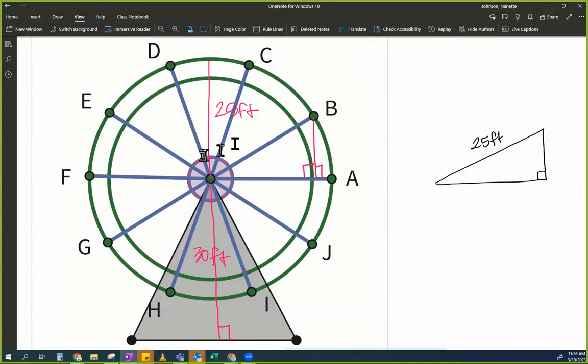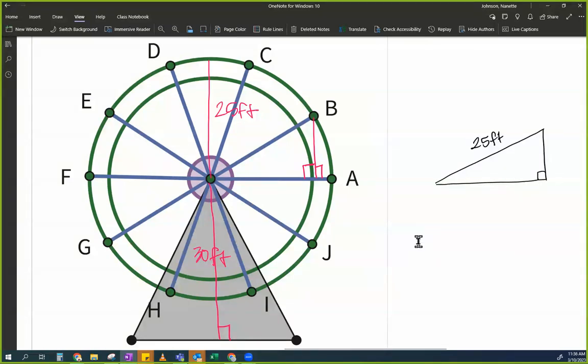So this guy here is the radius, so this is going to be 25 feet. I don't know this side. I don't know this side. Is this triangle solvable right now? No. I need one more piece of information.